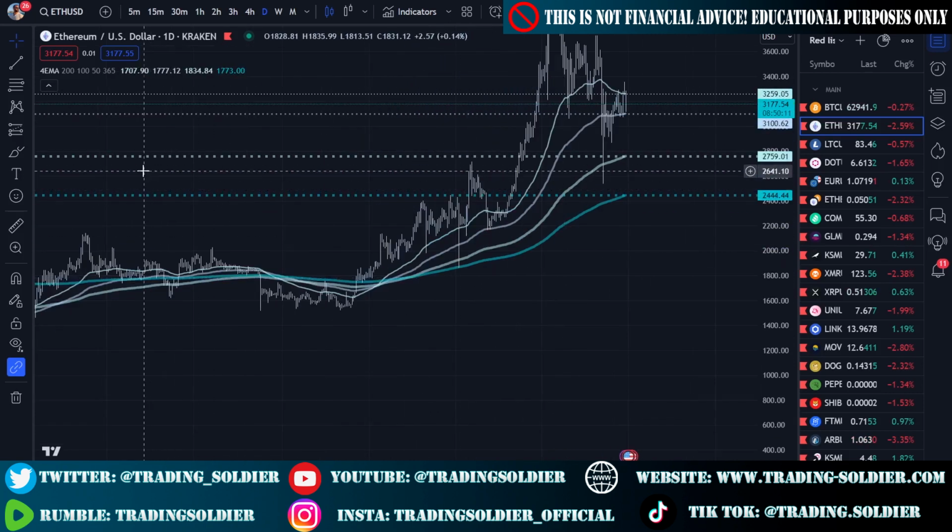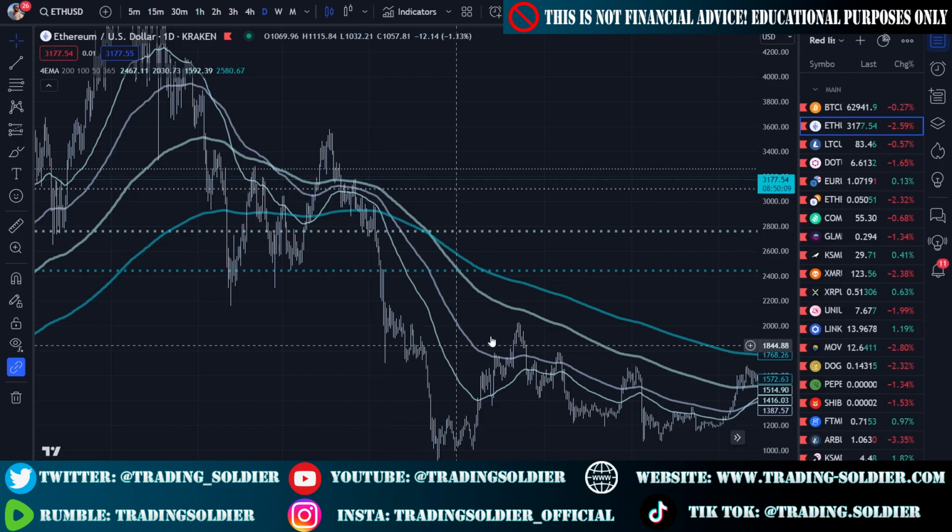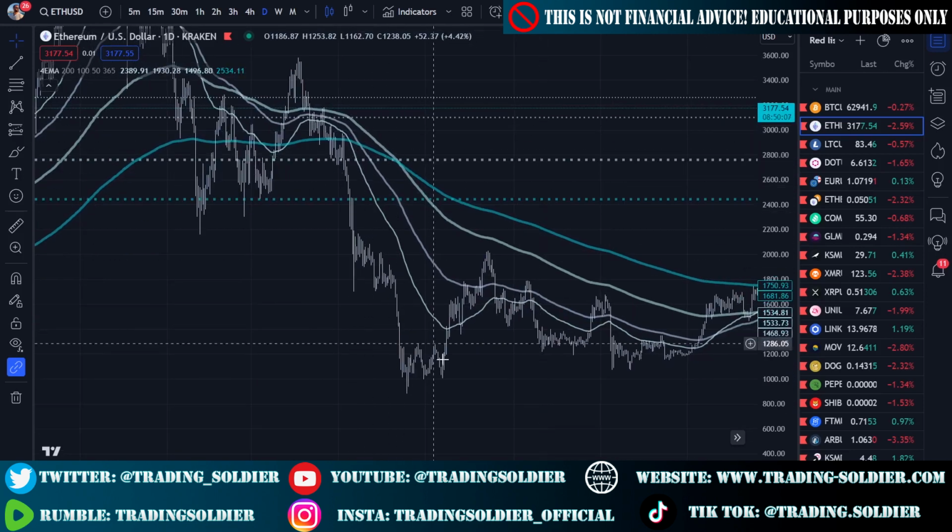And on the opposite side, if we are in a downtrend and the distance between the EMAs is very spread, we can assume that we are in a strong downtrend.